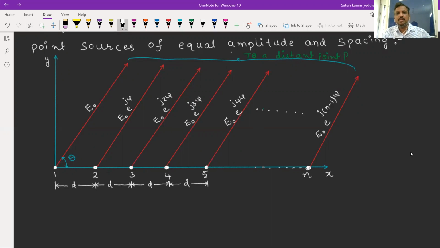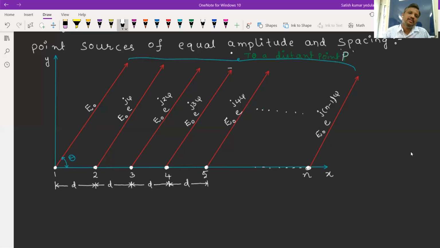Of course, we can express that distance d in terms of wavelength later, but for now we consider that the separation between any two adjacent antenna elements is d. And we are going to find out the total electric field intensity at a far distant point P, of the individual elements of the n-element array.